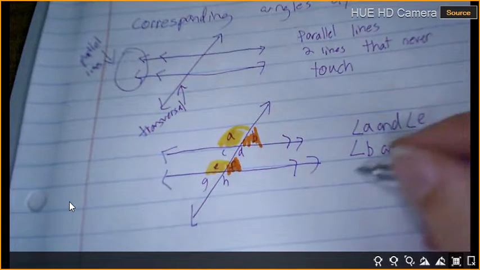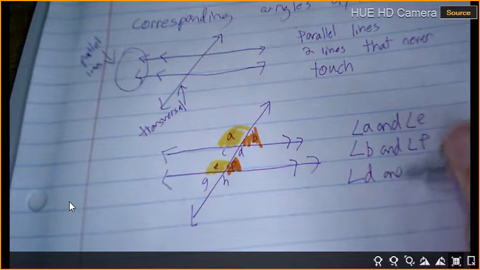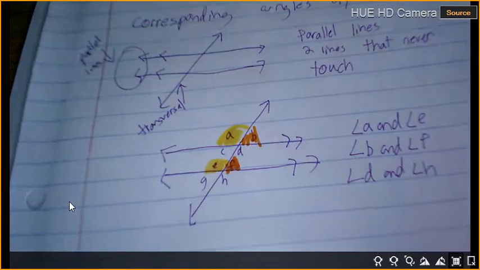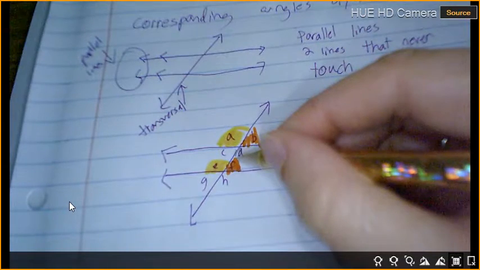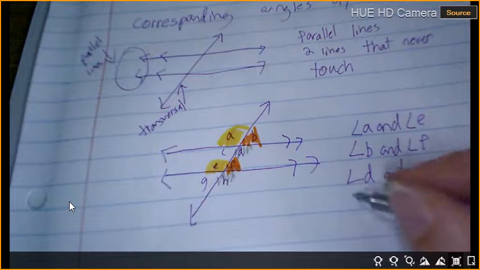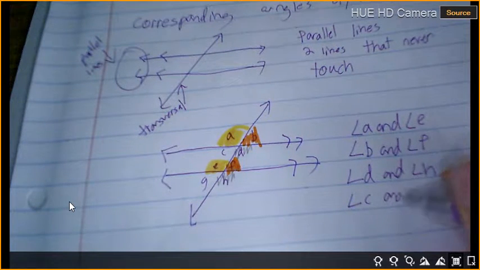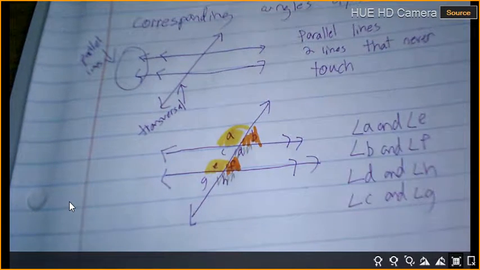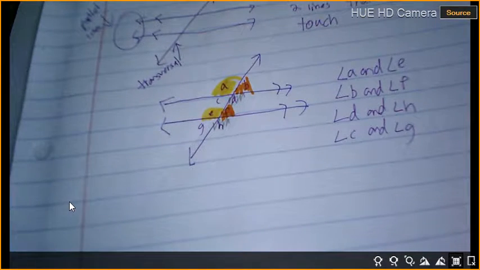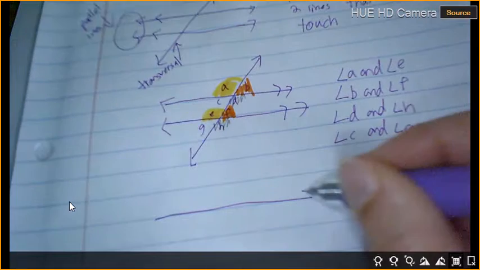D and H. So D and H, these would be corresponding. And finally, C and G. Okay, so I'm going to give you one example. I'm going to start drawing it out.